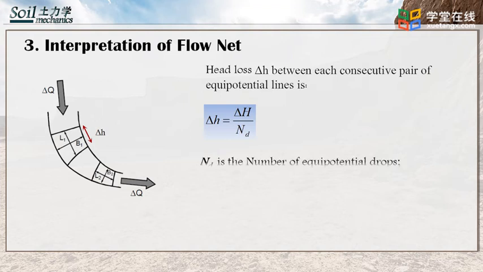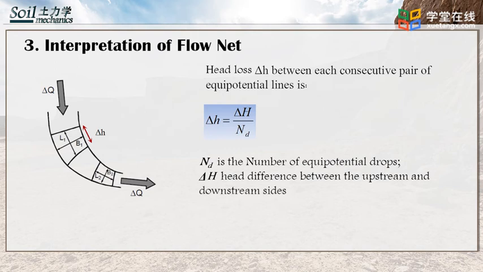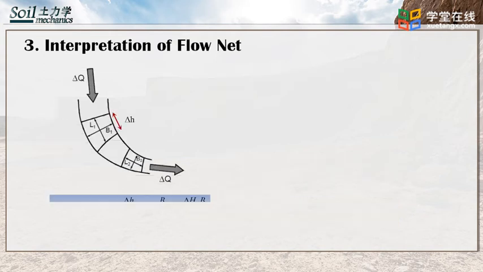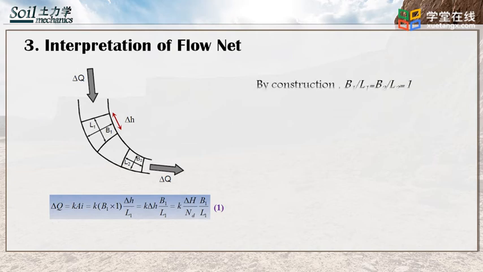The hydraulic gradient in the flow channel equals delta H over the length of the square element L. Then the flow rate can be obtained as shown in equation 1. Note that during the flow net sketching, the width and length are the same so as to construct square elements. Therefore, B over L equals 1 for each of the elements.